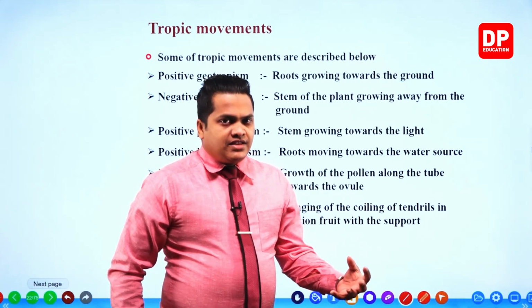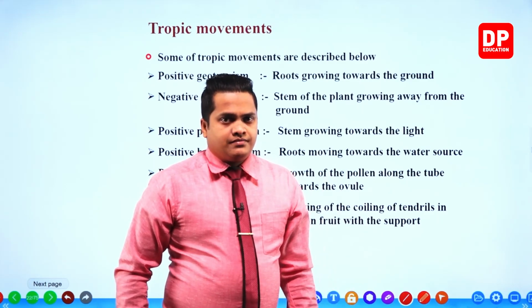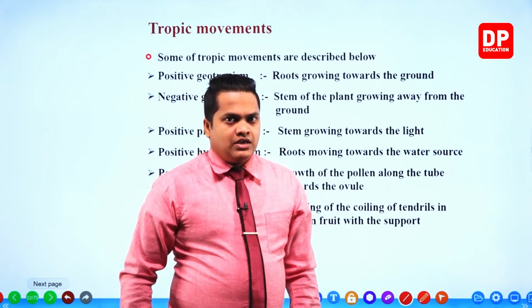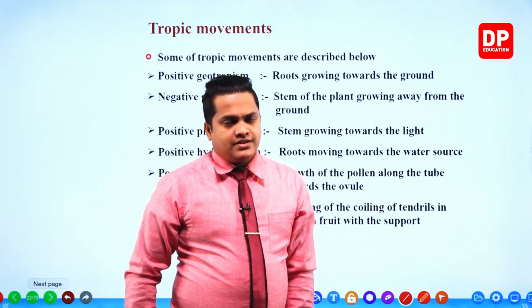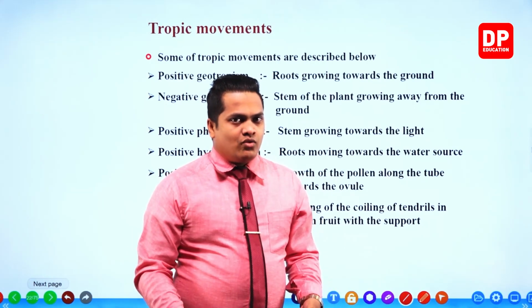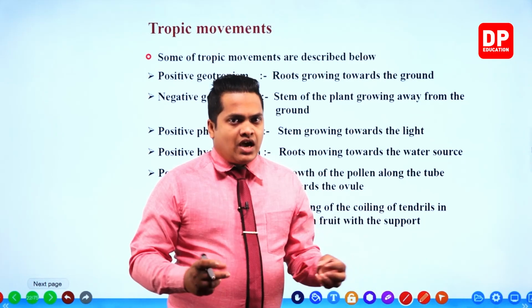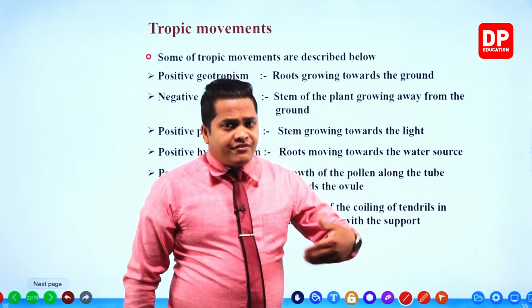The stem of the plant is always growing away from the ground, towards the direction of the light, right? It is not going to grow towards the dark, it is going to grow towards the light. You know that inside the ground, we can't find any light. Therefore the stem of the plant is always growing away from the ground.